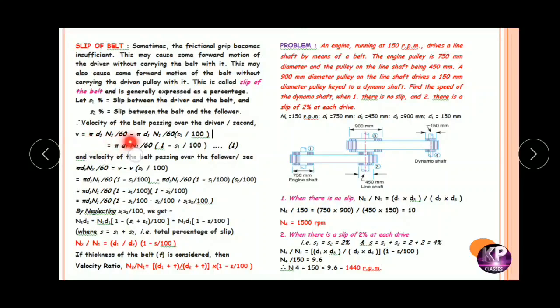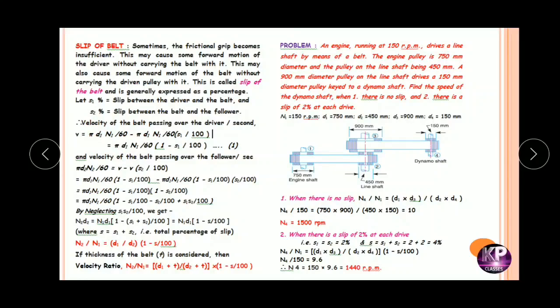Now, the velocity of the belt passing over the driver per second is V. V, the velocity of the belt passing over the driver, equals pi d1 n1 by 60 minus pi d1 n1 by 60 into s1 by 100. See carefully: pi d1 n1 by 60 is the speed of the driver.